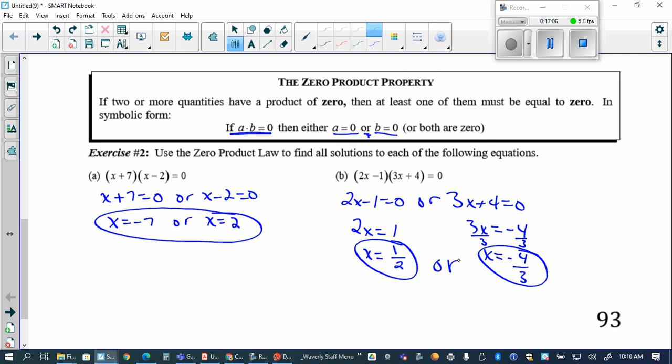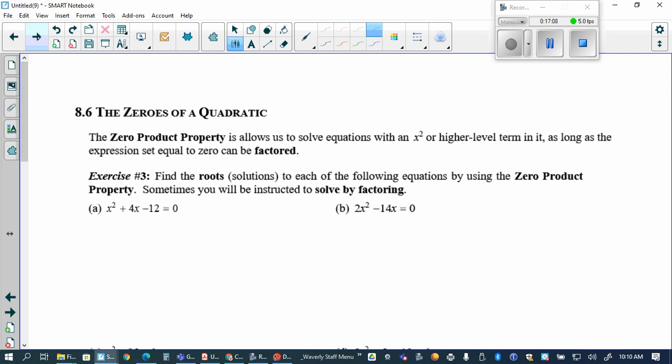So let's go to the next page. To solve a quadratic, if it has an x squared and an x term, it must be set to 0. Okay?